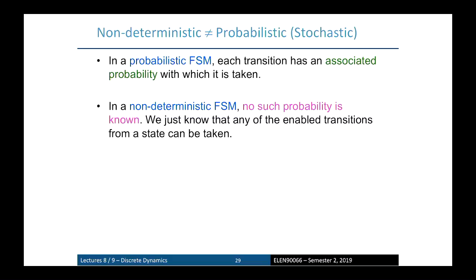We have no further information on that, full stop. But you can actually get probabilistic FSMs as well, and they have transitions that are weighted by probabilities. Okay, so there's actually a higher chance of going one way than another way. For non-deterministic FSMs, you have no info.